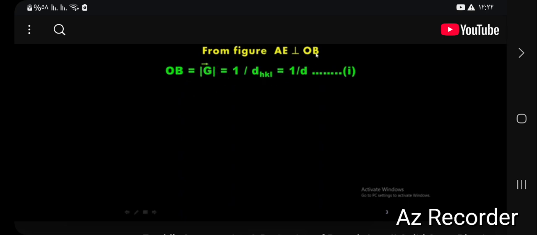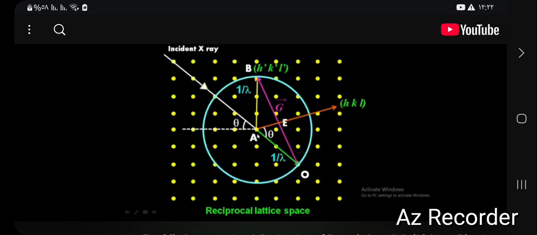Simply we can say 1 by d. So OB would be 1 by d. Now in triangle AEO, sine theta will be the opposite side, EO, upon the hypotenuse. This angle is 90 degrees because AE is perpendicular to OB.